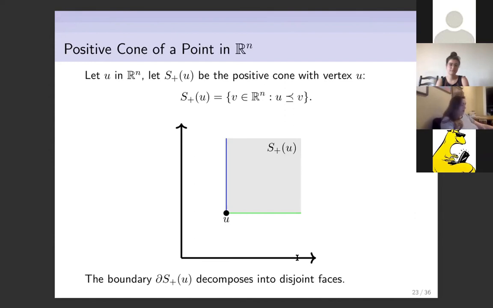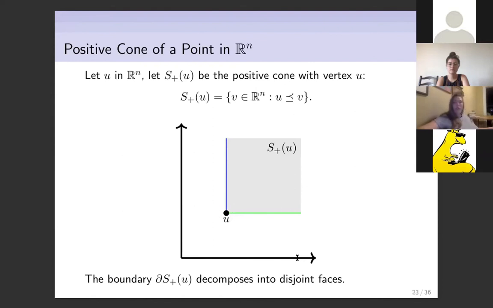So here in R^2, there are 3 disjoint faces to the boundary of the positive cone. U, the vertex itself, this blue line here, which is all points in R^2 which have the same x value as U, but greater y value. And then the last boundary component is this green ray here. It's all points in R^2 which have the same y value as U, but larger x value, okay?